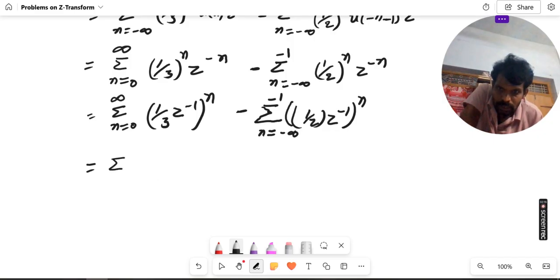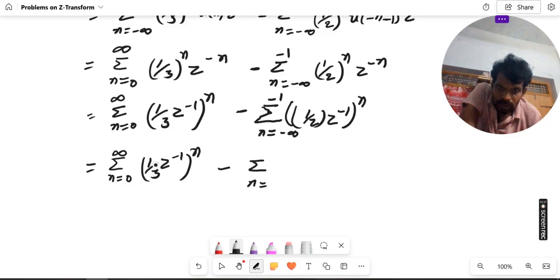Summation n is equal to 0 to infinity 1 by 3 z to the power of minus 1 whole power n, minus summation 1 by 2 z power minus 1 whole to the power of minus n.